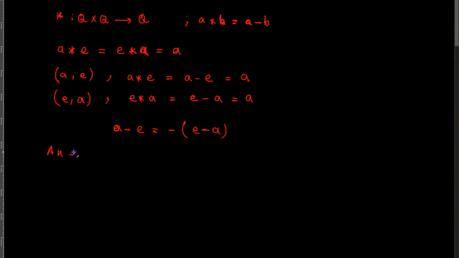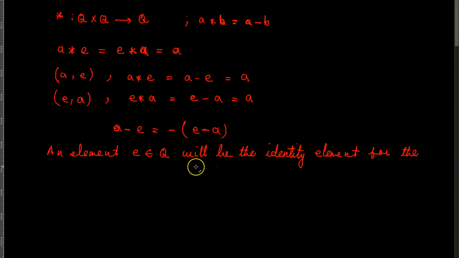It says that an element E belonging to Q will be the identity element for the operation star if A star E is equal to A is equal to E star A for all A belonging to Q.